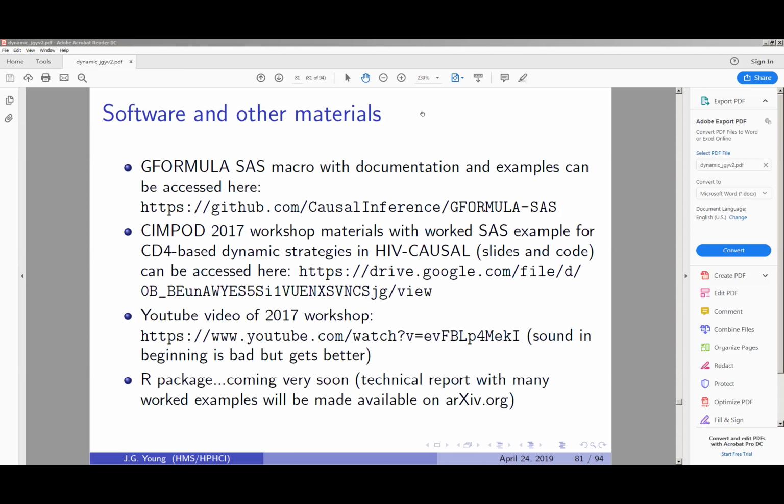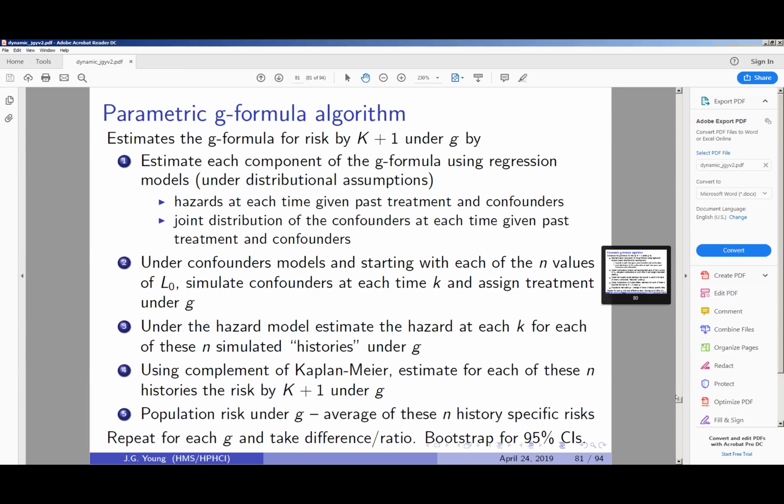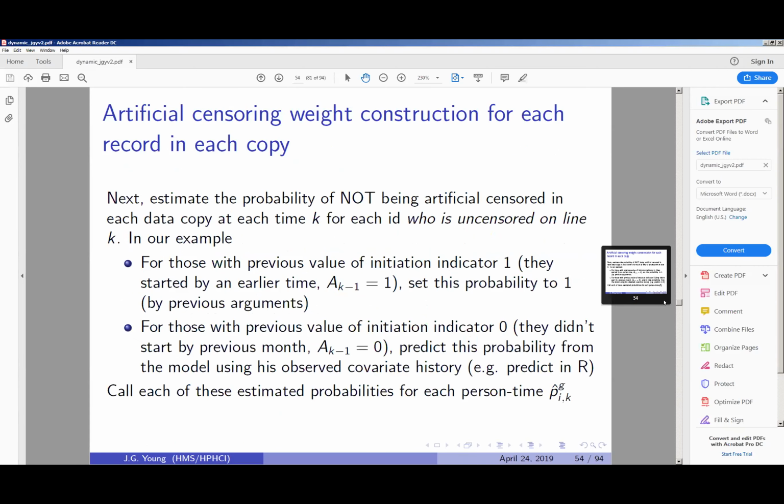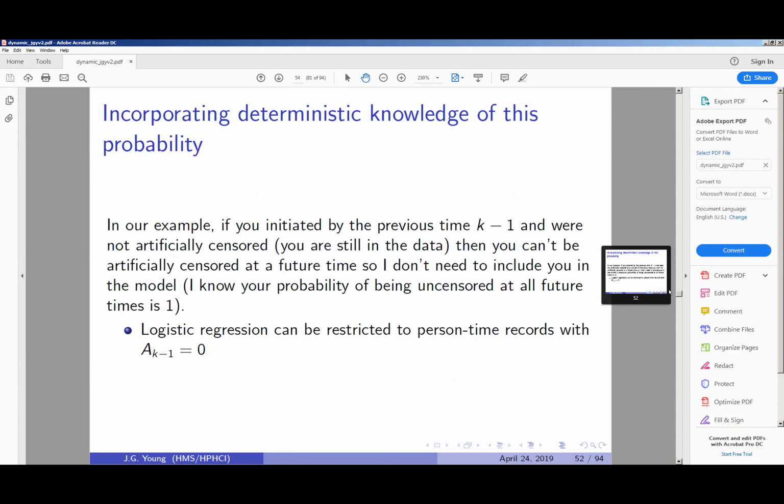Are there certain types of treatment strategies that are better answered by IPW versus G-formula? Well, the idea is that when the question is well supported by the data, then if you implement them with flexible enough models, either approach is hopefully going to give you a similar answer.